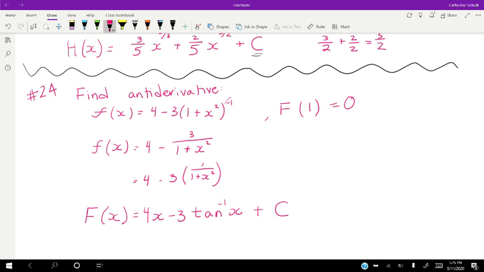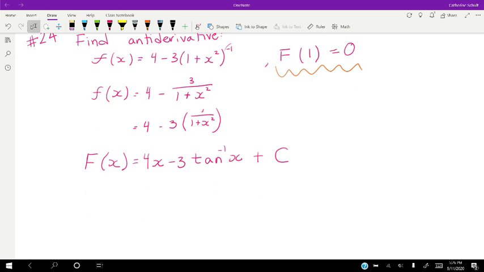All right, and now we're going to figure out that c, since F of 1 is equal to 0. So let's see what happens. Let's plug in x equals 1. So 4 times 1 minus 3 inverse tangent of 1 plus c equals 0. All right, so we have to think now, inverse tangent.